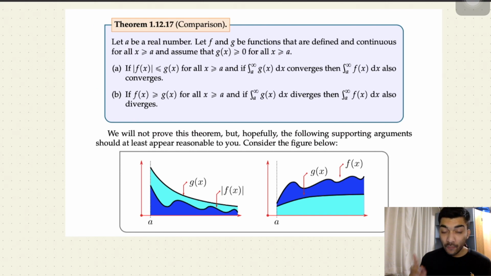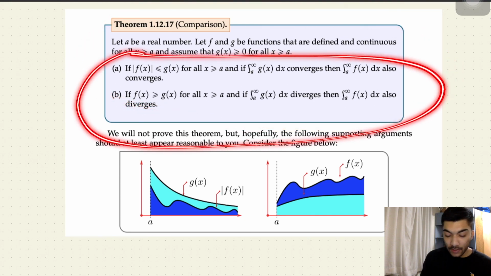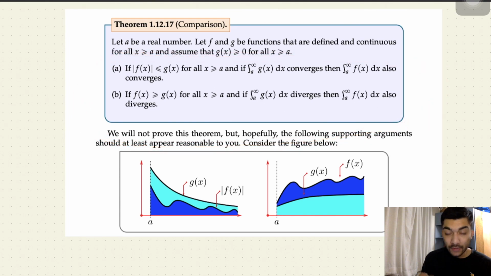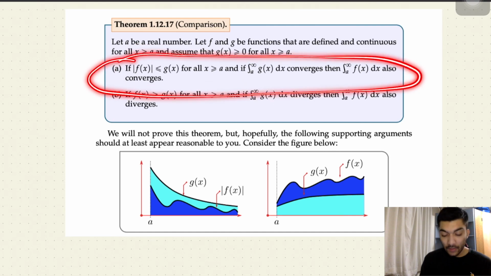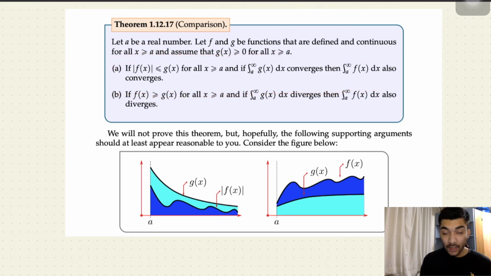There is also one more important point that you have to consider in order to use the comparison test. Whenever you are using the comparison test, don't confuse these cases with their complete opposites. For case A, while this condition is true, it is not necessarily true if your g of x and the absolute value of f of x are swapped with each other.